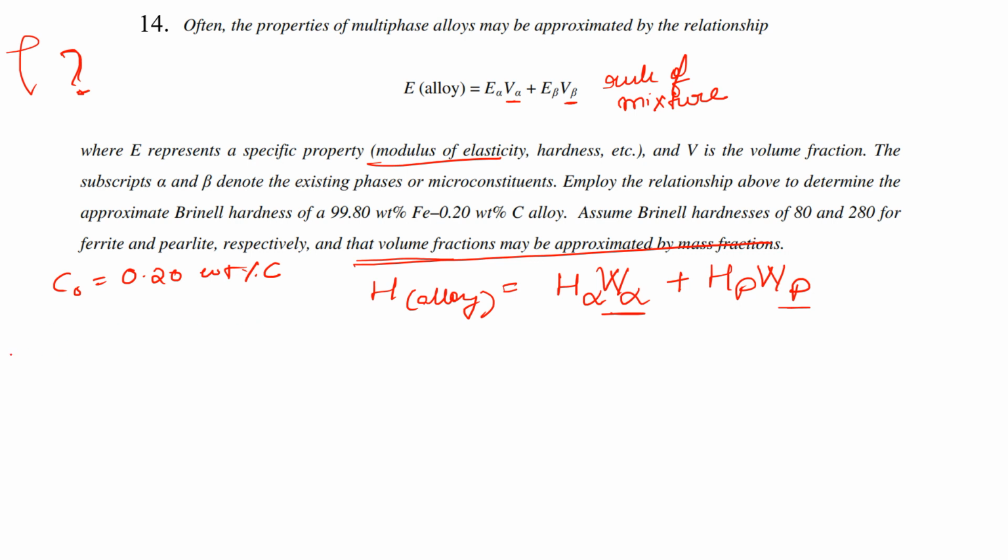So we'll assume the mass fraction of alpha and pearlite. Mass fraction of alpha is given by C naught minus C alpha divided by C p minus C alpha, that is, C naught is 0.20 minus C alpha is 0.022, divided by 0.76 minus 0.022.